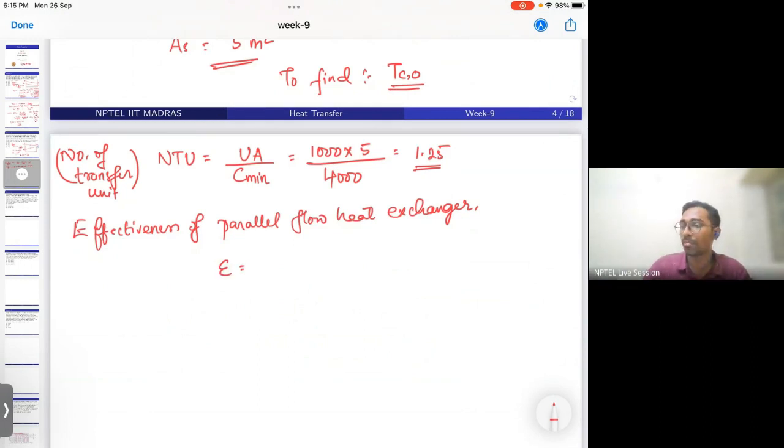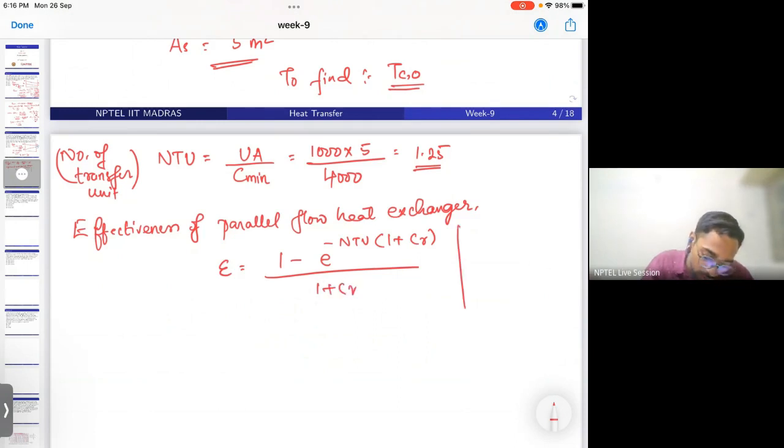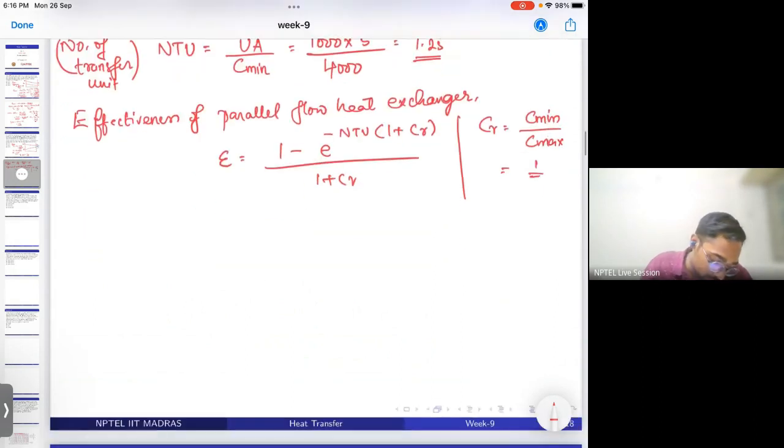So I'm directly writing this expression: epsilon is equal to 1 minus e raised to minus NTU into 1 plus CR, divided by 1 plus CR. CR is the ratio Cmin by Cmax. In this case, both are the same, so CR is equal to 1. So if you substitute here, it will become 1 minus e raised to minus NTU into 2, divided by 2.